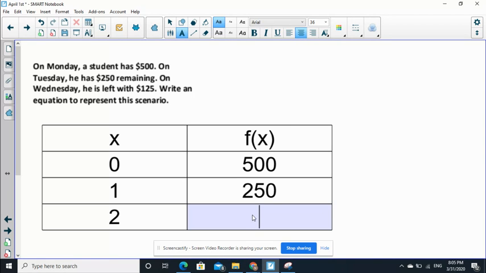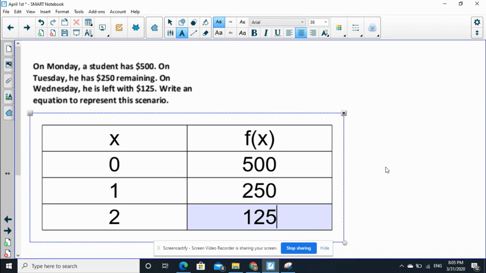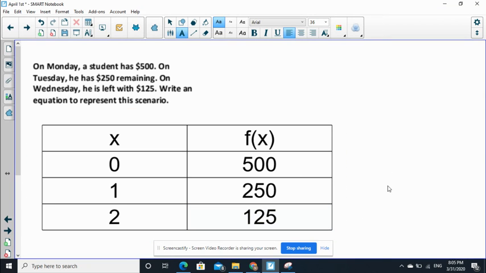That means the function is decreasing. You notice it's decreasing by half: 500 became 250, 250 became 125. So we multiply by half each time. This is the factor, and 500 is the initial value.